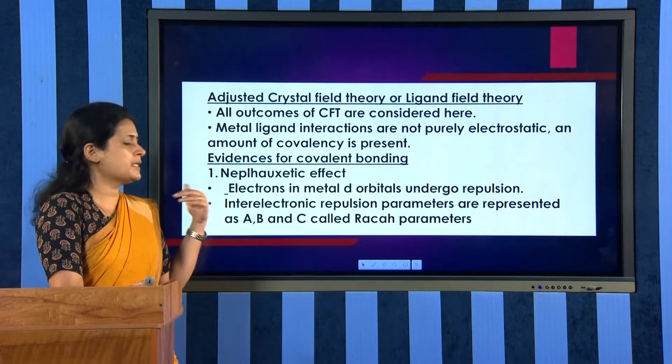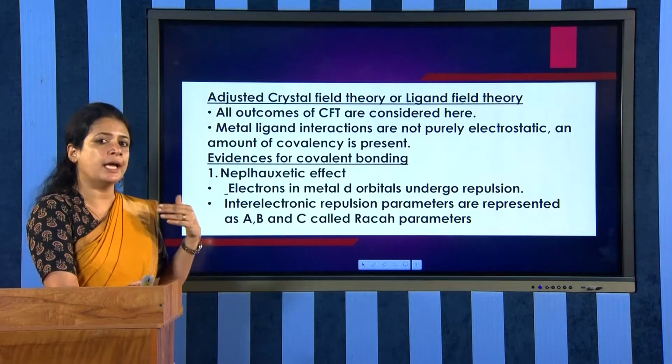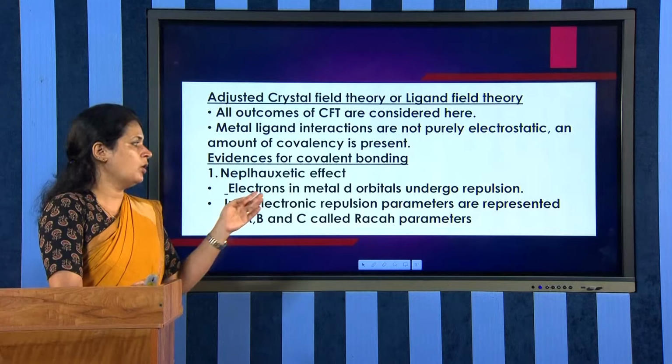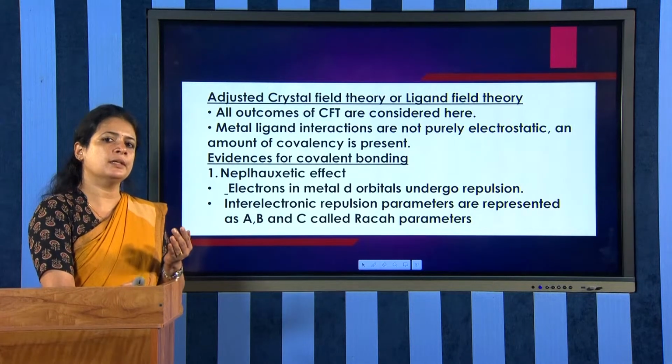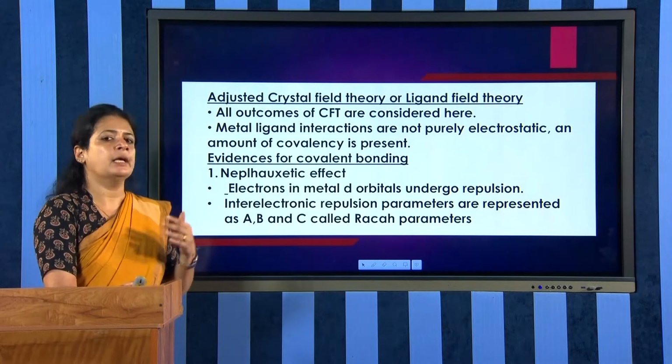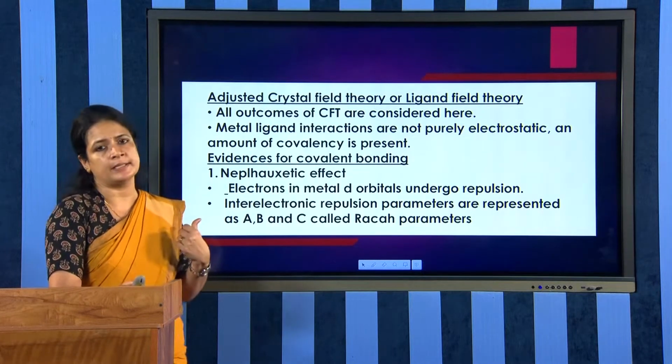It is called the interelectronic repulsion parameter. It is represented as capital A, B and C, or it can be called the Racah parameter.